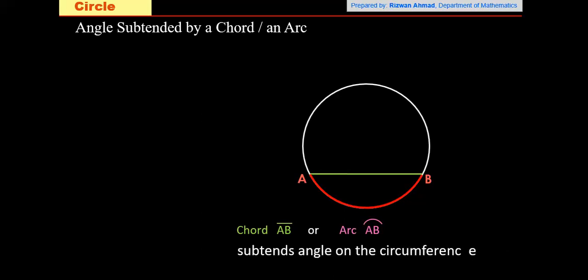The angle subtended by this chord or this arc on the circumference is formed at any point on the circumference, joined to A and B, which is drawn here in white. This is the angle which the two endpoints of the chord or the arc subtend at the circumference. This point may be anywhere here, so it will be called the angle subtended by the arc or the chord at the circumference.